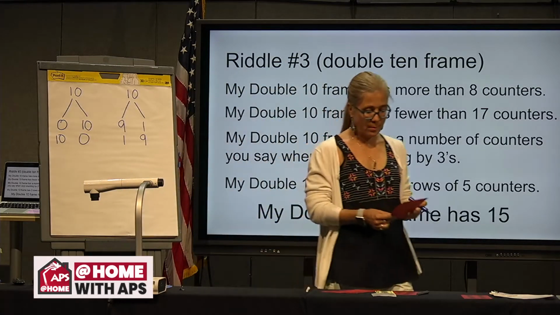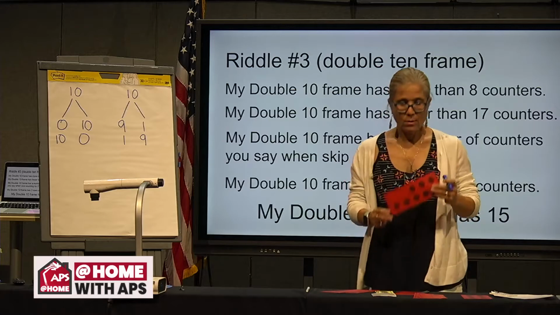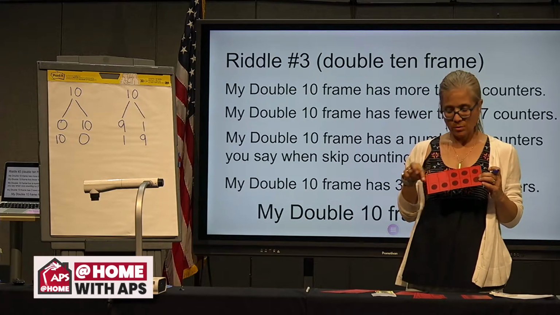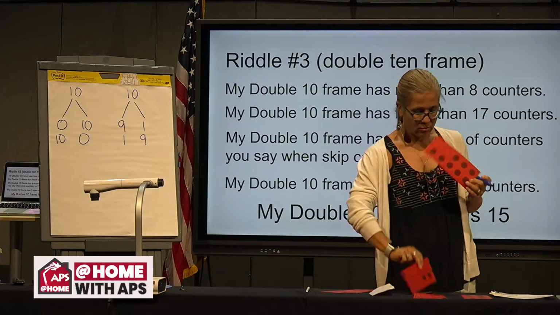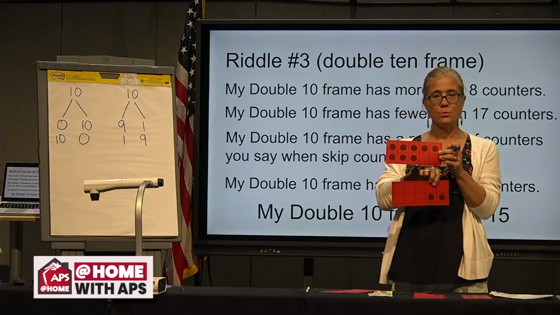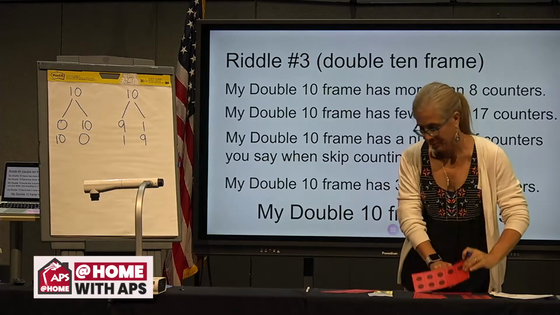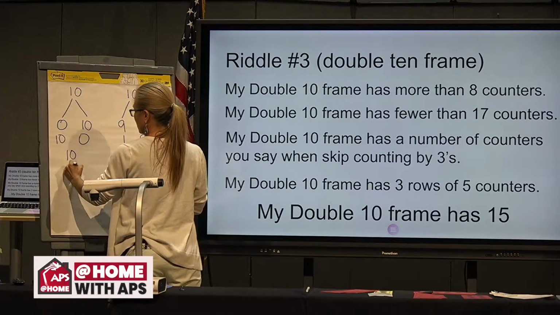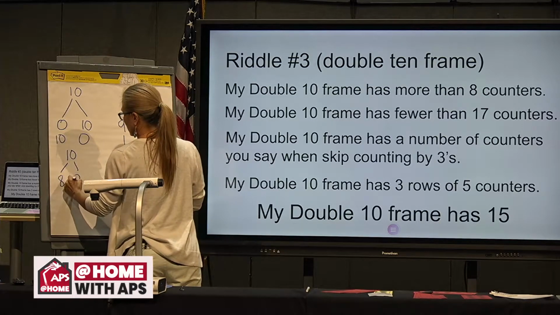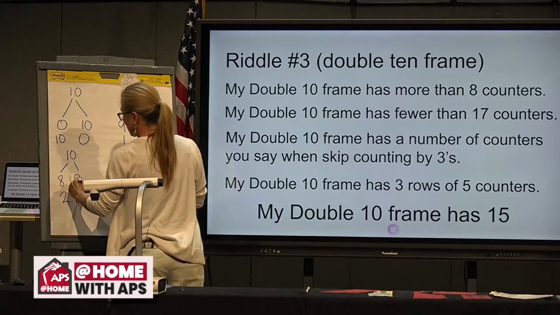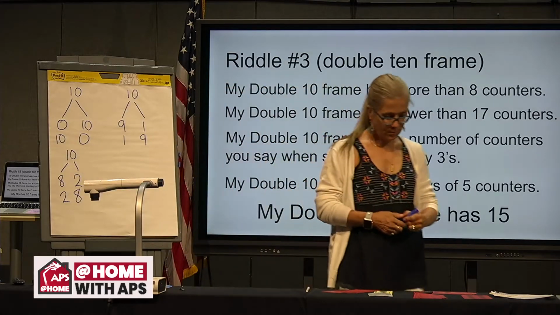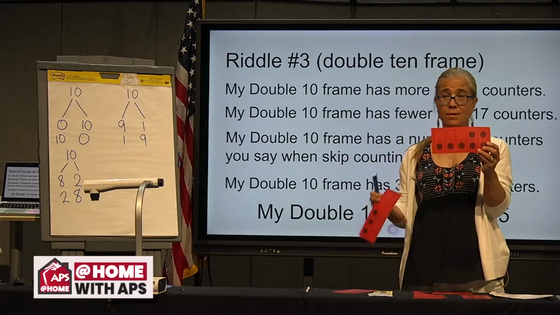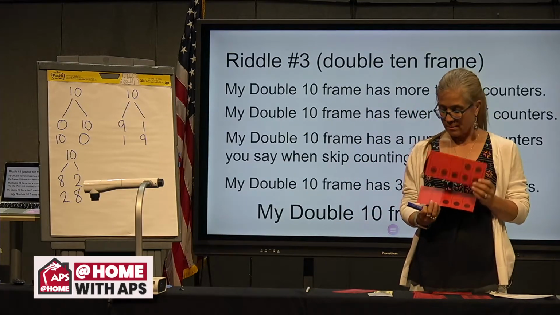How else could we make 10? What if we're working from 8? How many do we need? 2. So 8 and 2, or 2 and 8. We've got just a few more. And then I think it'll be time for a story. 7 and 3.